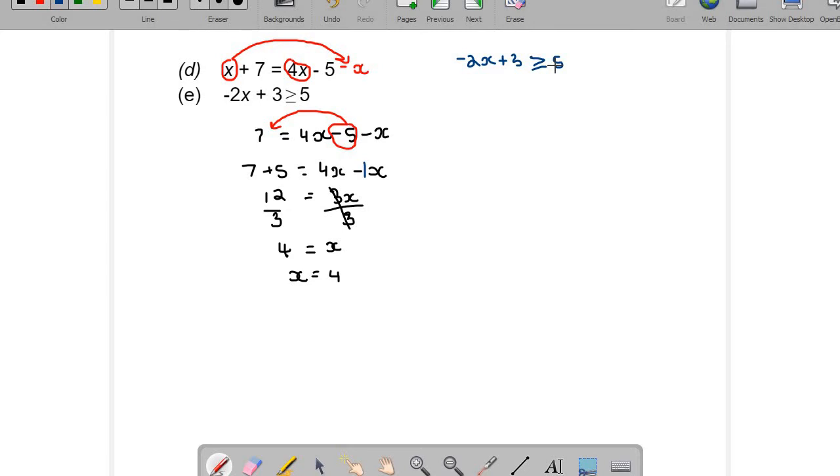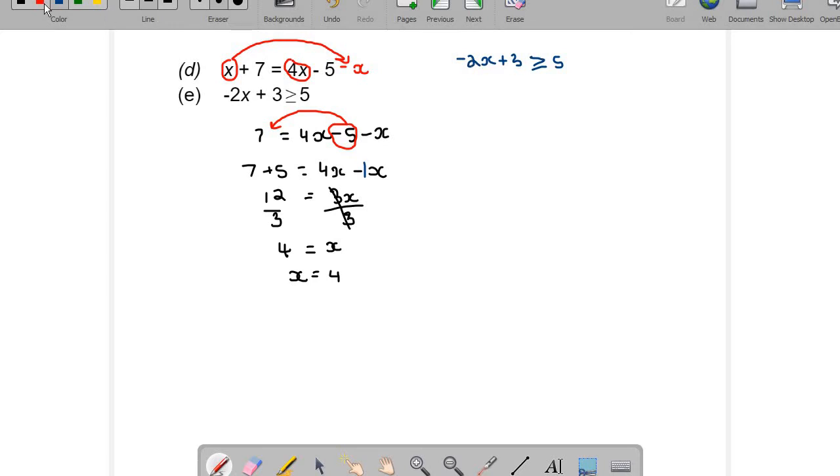The other exception is that when you multiply or divide by a negative number, you are going to have to change the direction of the sign to the opposite direction as well. We're not sure if we have any of that to deal with as yet, so we're just going to go ahead and solve just like how you would solve an algebraic equation.